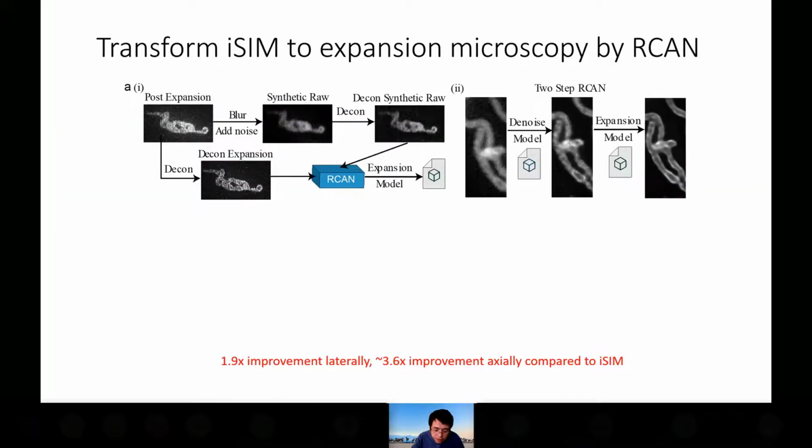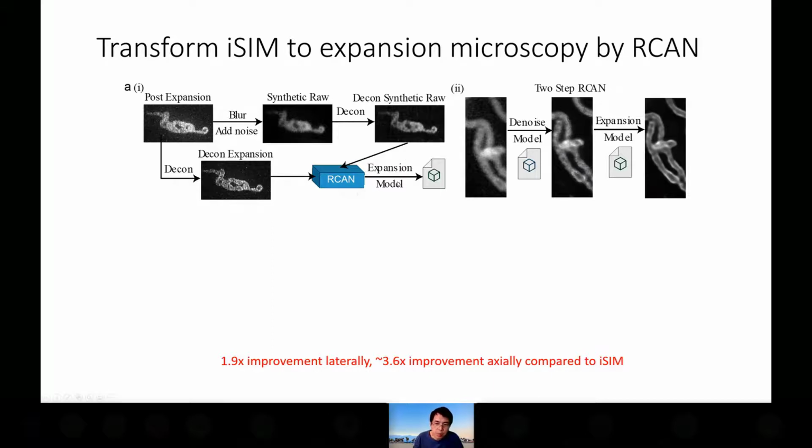We then found that the registration between those post expansion images and the pre expansion images is difficult. So we ended up using synthetic blurring and adding noise to the post expansion images to make the synthetic raw data. We found that the synthetic raw data and the post expansion images could give us a very good training data set to supply to the RCAN model, so we can get expansion models.